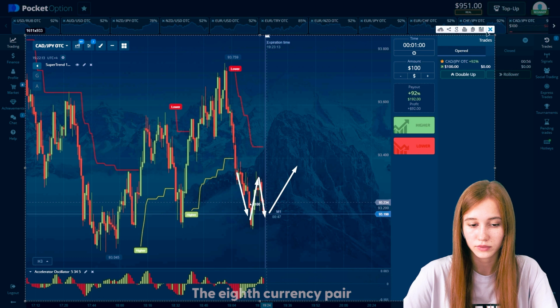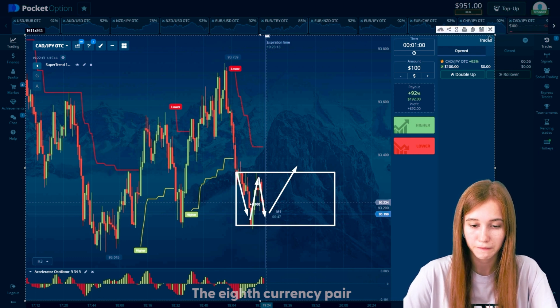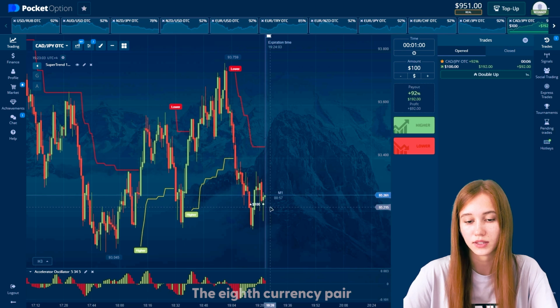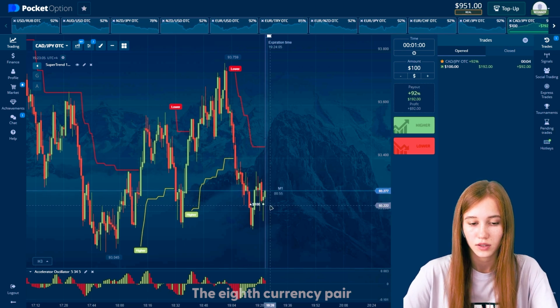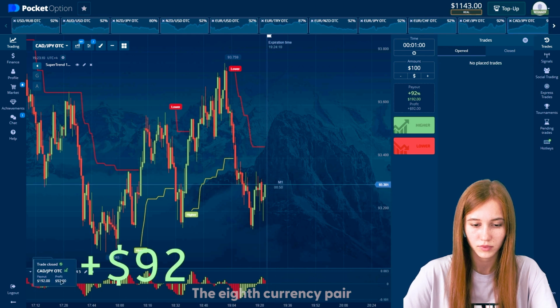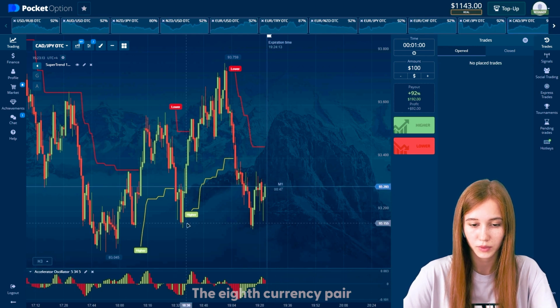And now decreasing, we see some consolidation we see, and let's see. There are 8 seconds until the end of the deal. Yeah, plus deal, good. We're in the black.